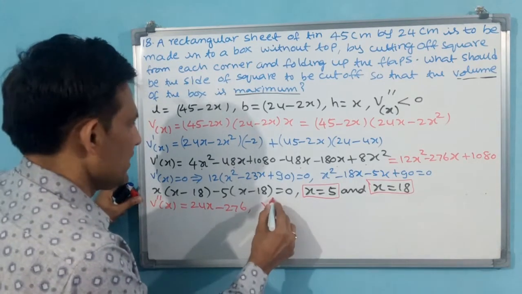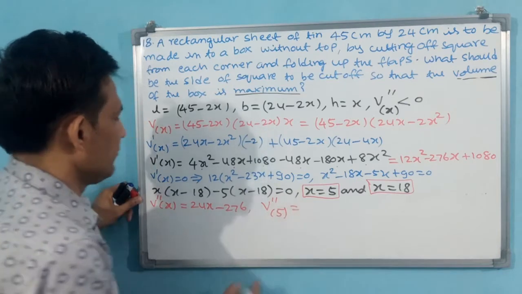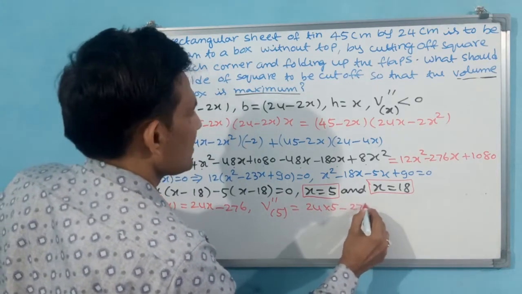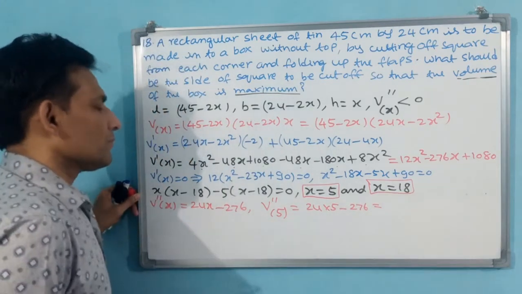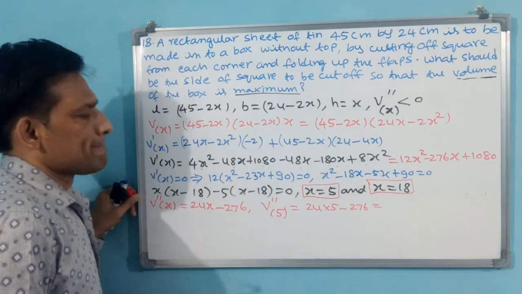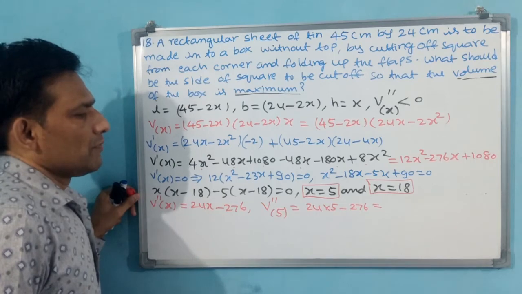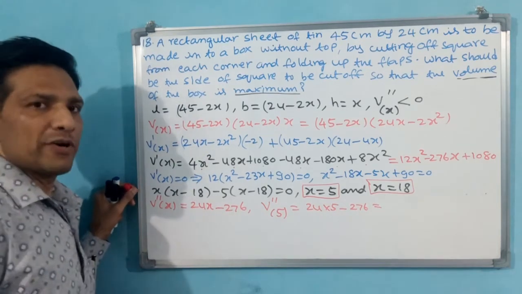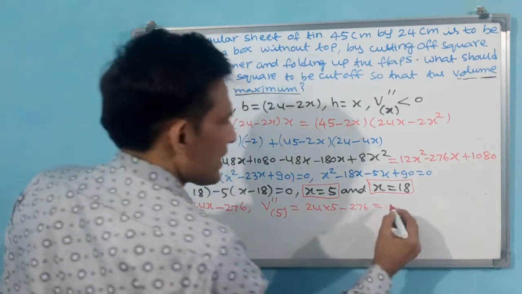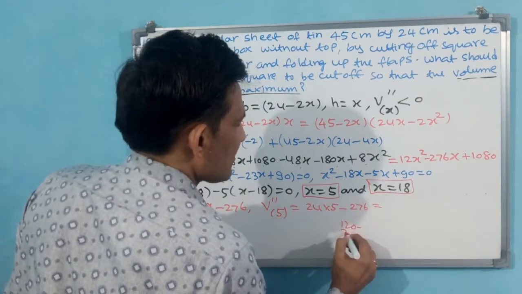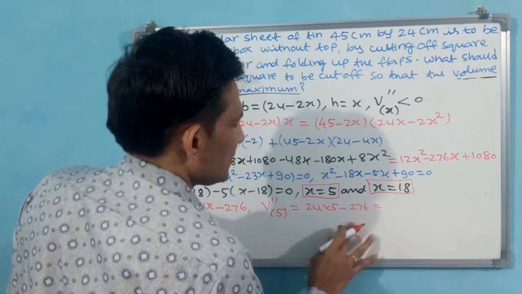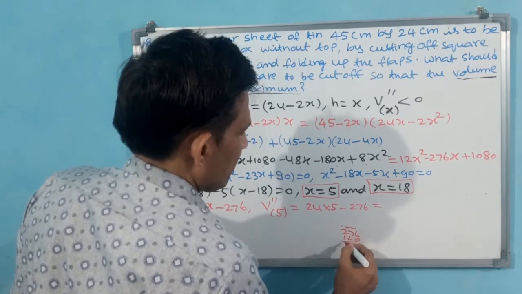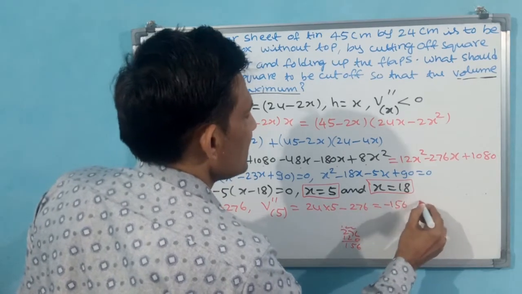That means V double dash 5 is equal to 24 into 5 minus 276. 24 5s are 100, 4 5s are 20, 100 plus 20, 120. 120 minus 276, minus 156, which is less than 0.